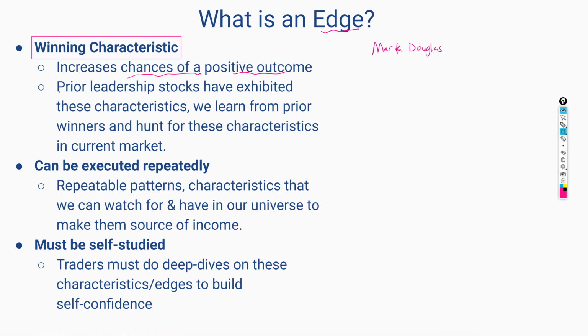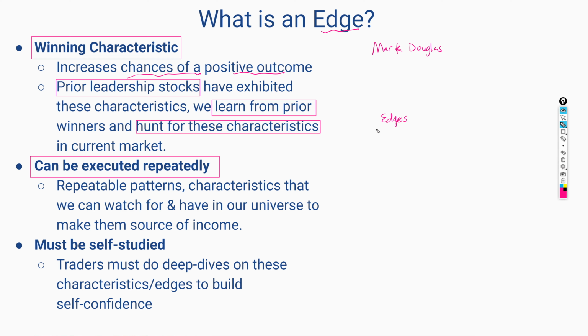These characteristics, prior leadership stocks exhibit these. And what we're doing in the markets is learning from them, and then we go out and hunt for these characteristics in the market. The important thing about edges is they can be executed repeatedly. So these are fairly set.